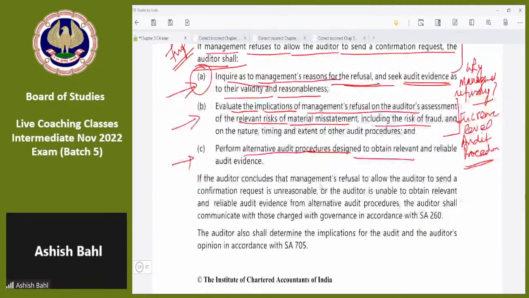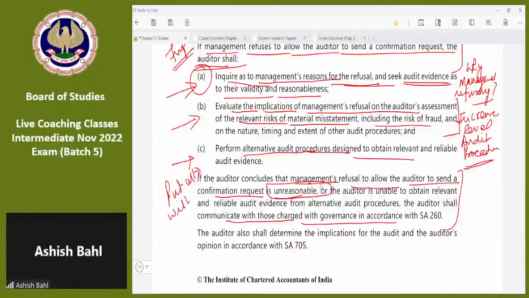However, if I conclude that management's refusal to send an external confirmation request is unreasonable, then I shall communicate the matter. I shall put it into writing, and I would assess what the impact of it is on my opinion.